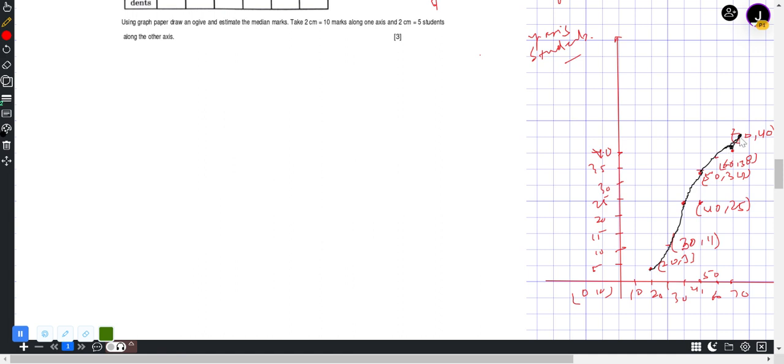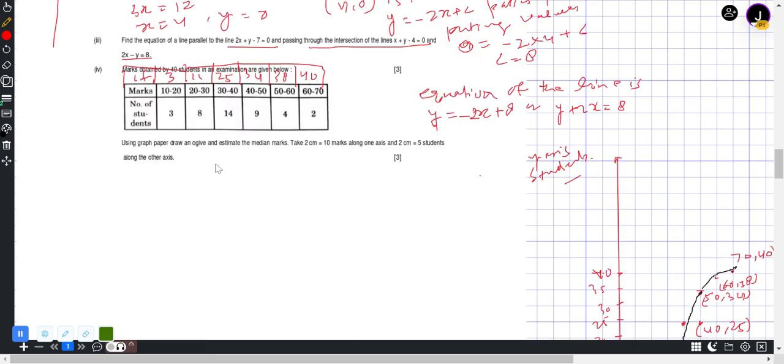Then I have this, this is my Ogive. I'll connect again: this is 30, then this is 40, then this. This is my Ogive.